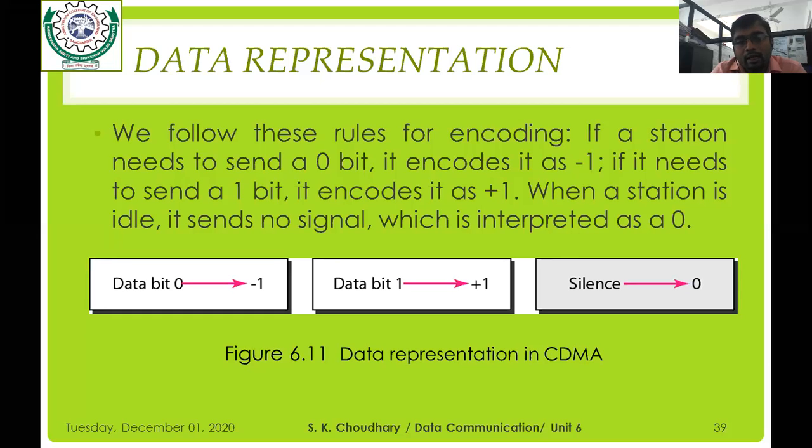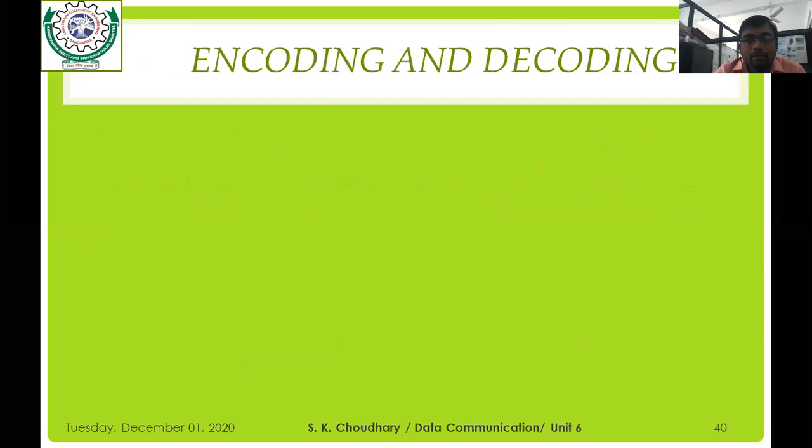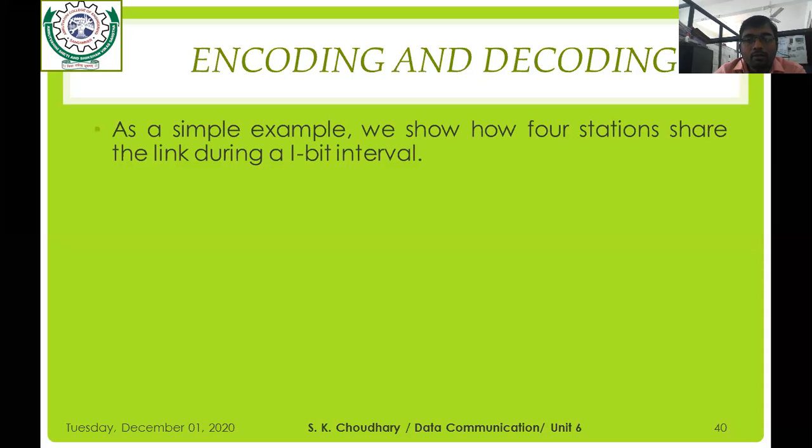If it needs to send a 1 bit, it encodes it as +1. When a station is idle, it does not send any signal, which is interpreted as 0. This is the data representation in the CDMA technique. By the use of this encoding method, we do the further encoding and decoding.